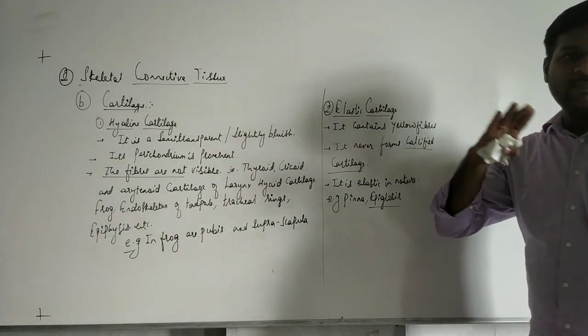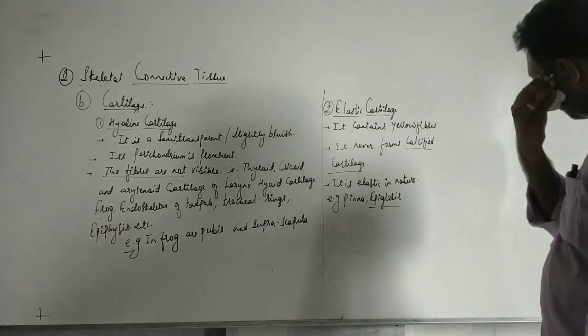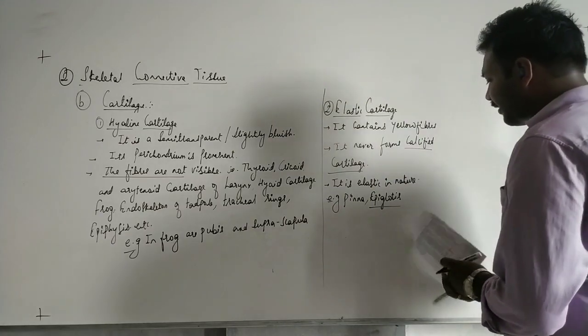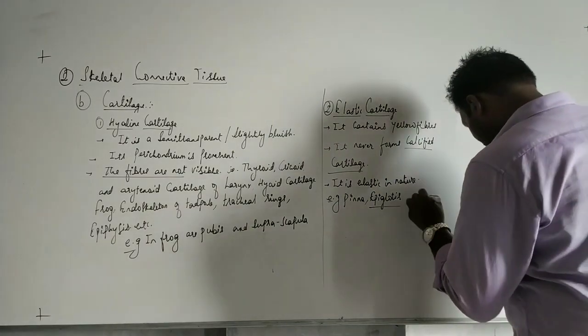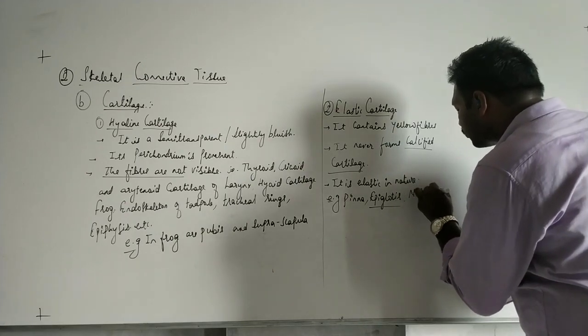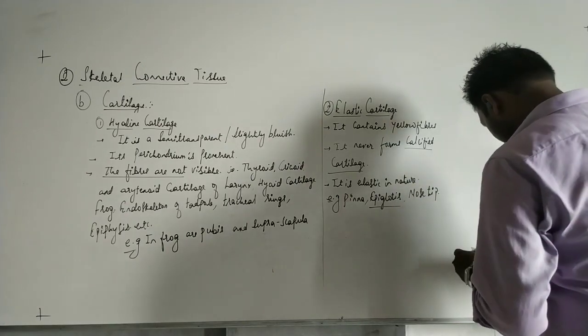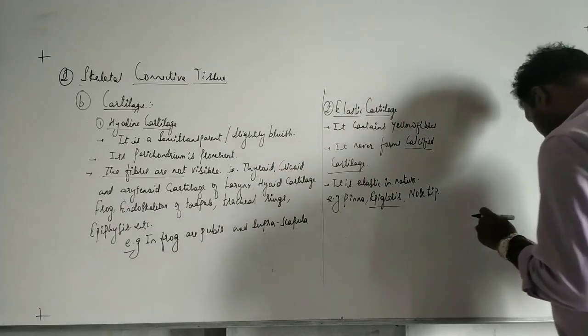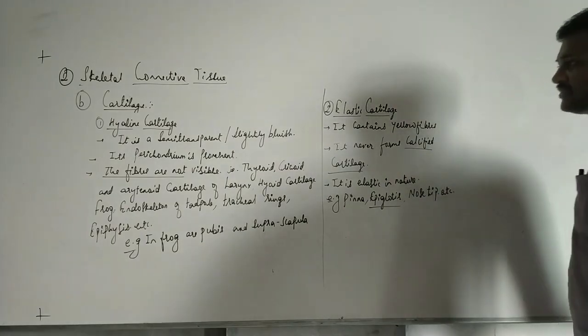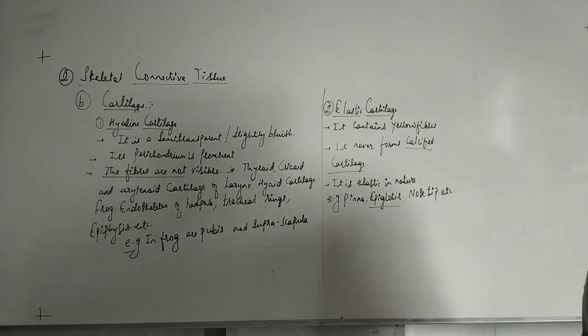So that windpipe is covered by the epiglottis. That is also made up of elastic type of cartilage. The next, nose tip, etc. Okay, so these are some examples of the elastic cartilage.